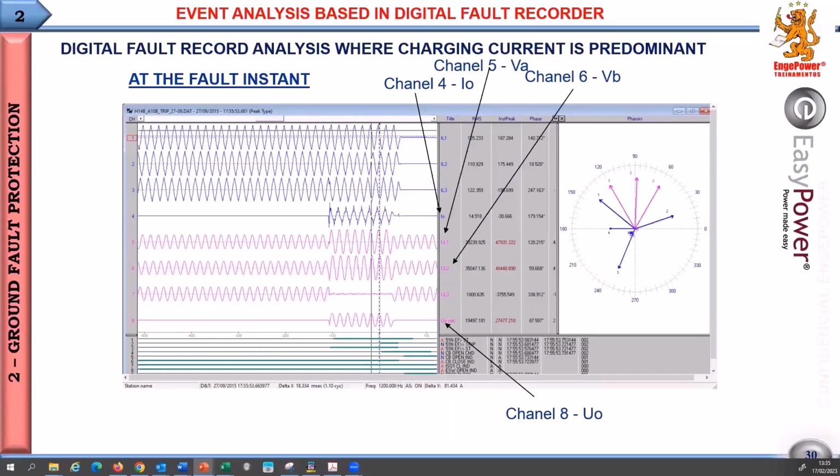Okay? But what I can show you here with the cursor at this position, we see that the ground fault is 14.5 amps. The expected value was 700 amps. So, much lower than the expected value.